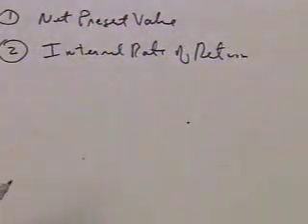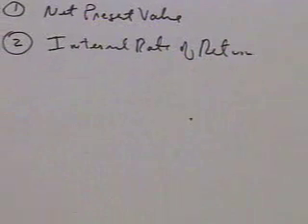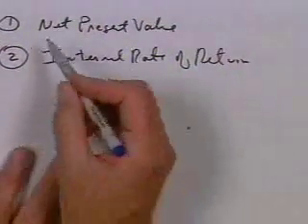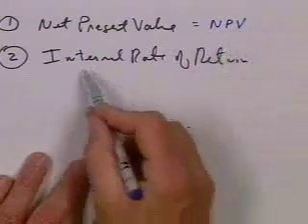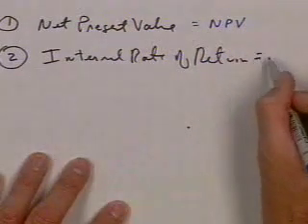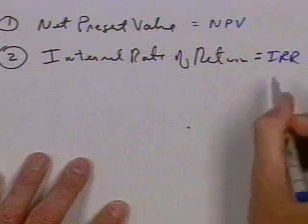These are finance terms. The net present value is often called the NPV, and the IRR is the internal rate of return. So what we are asking you to do in this particular question is to calculate the IRR, the internal rate of return on this particular project.